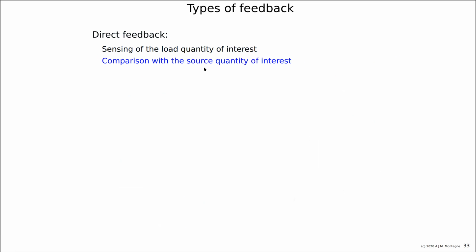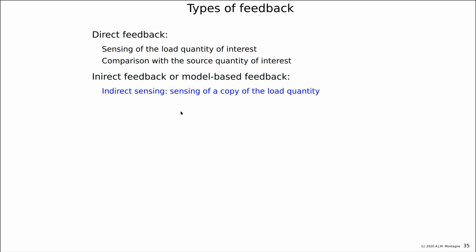Indirect or model-based feedback is if we sense something which is related to it: indirect sensing of a copy of the load quantity or indirect comparison with a copy of the source quantity. If your copy is not perfect, then of course this will be of less quality. Direct feedback usually is a better technique, has higher potential of reducing errors than indirect feedback.